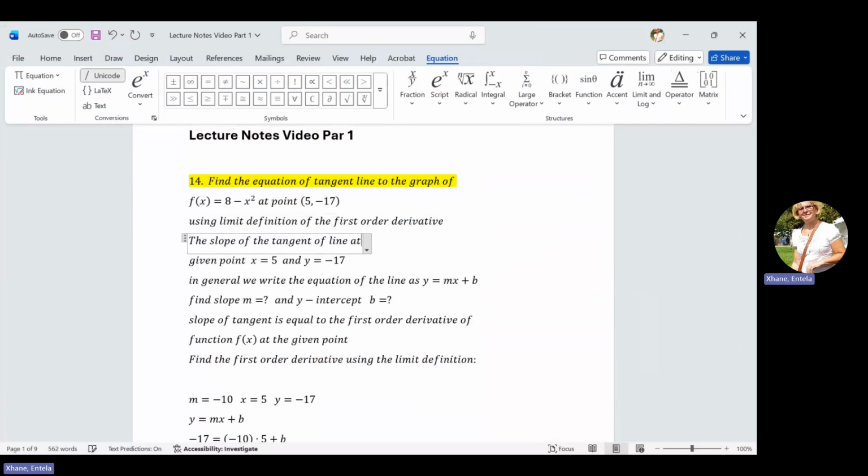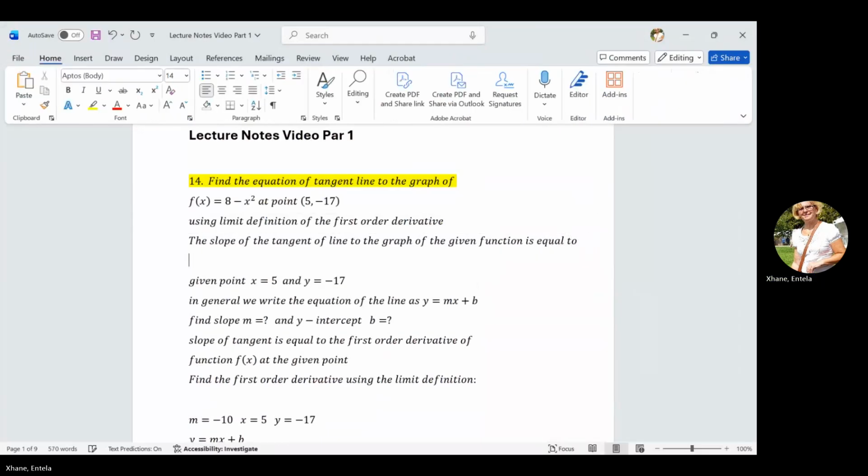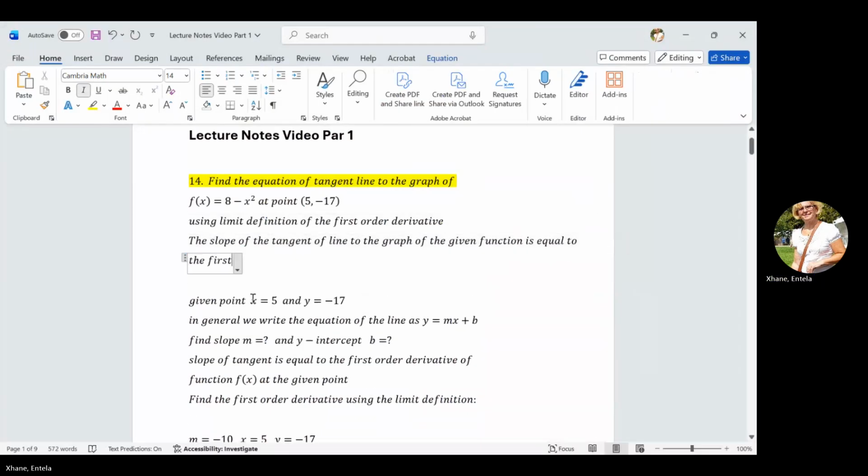The slope of the tangent line to the graph of the given function is equal to the first order derivative at the given point.